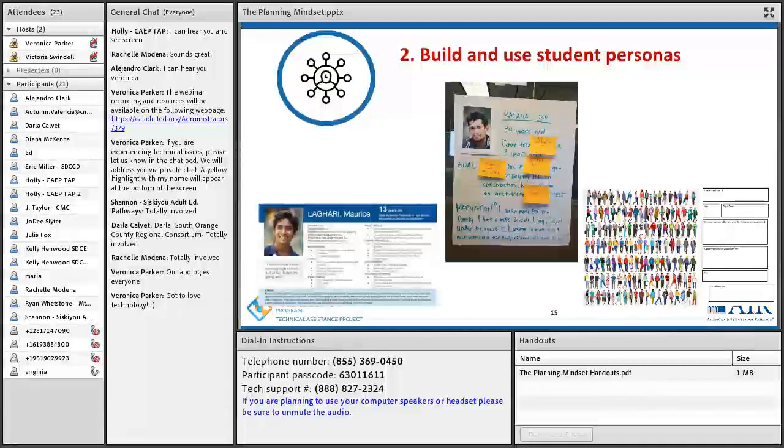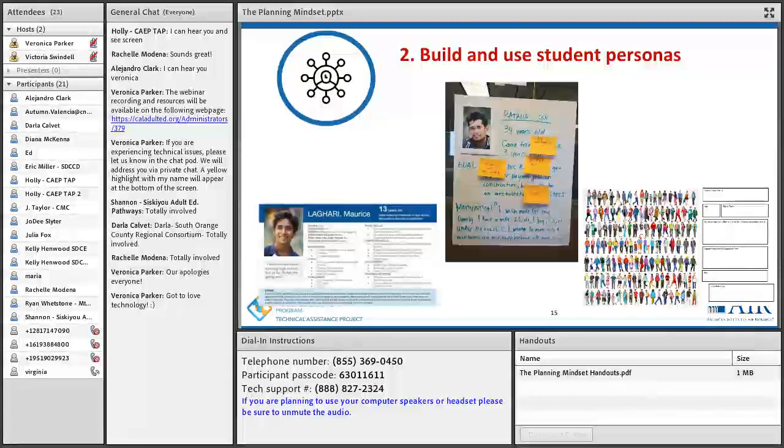If you start to build some student personas, they're very useful tools. They can put a personal human face on a plan, a policy issue, or abstract data. Having some personas that you've built can keep the people you're working for front and center.